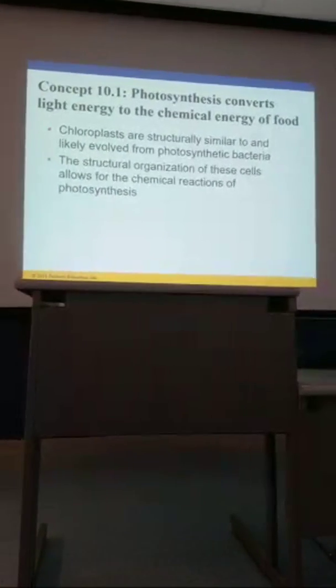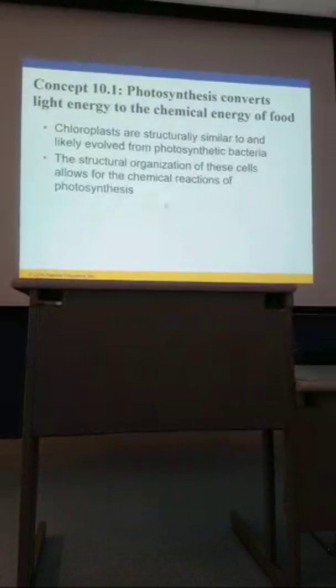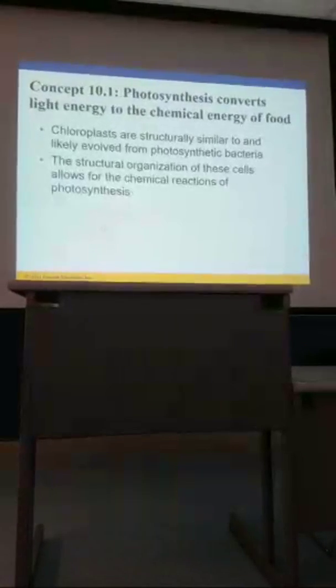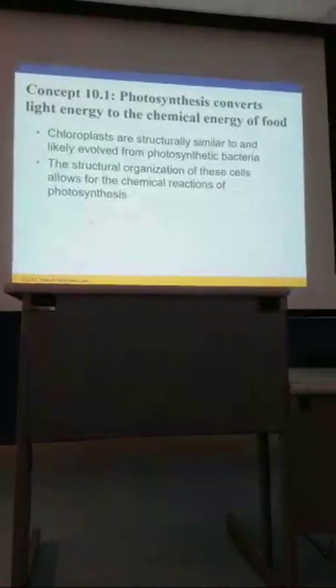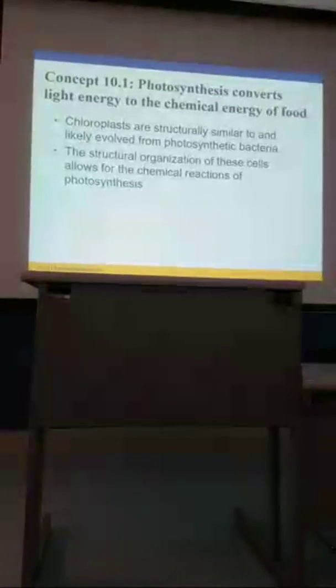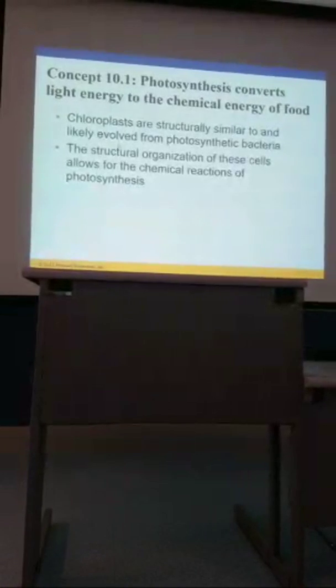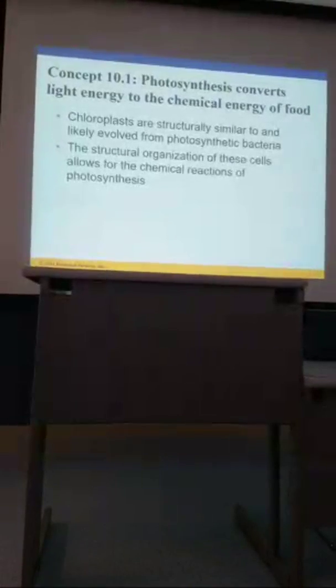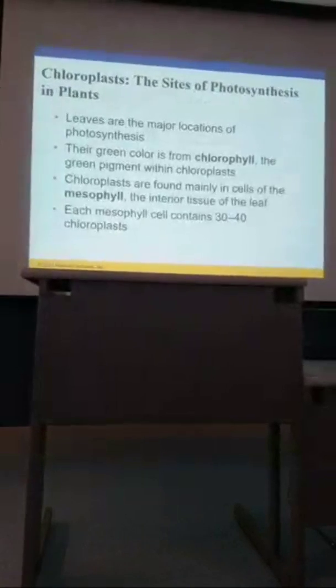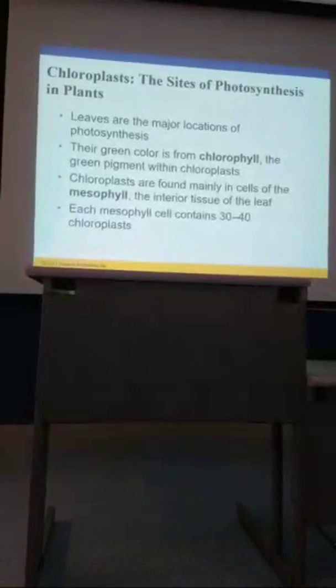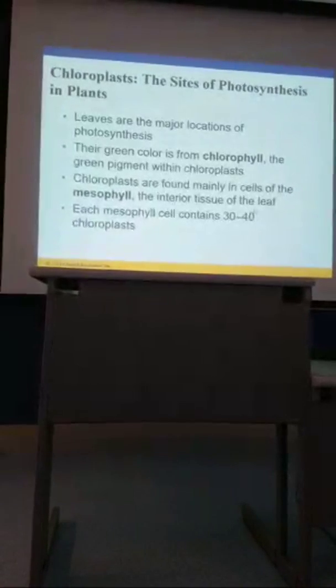Chloroplasts are an organelle that organisms use to conduct photosynthesis. They probably came from bacteria, just like the mitochondria and all the others did. Chlorophyll itself, the chloroplast, remember the chloroplast is the organelle.